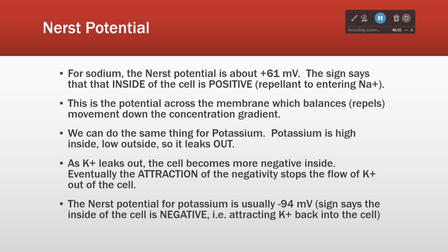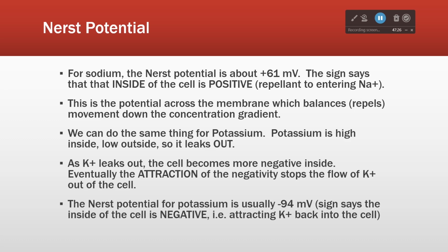So the sign, the plus, tells us that the inside of the cell is positive. The number tells us the extent to which it's positive, right? And we're calling that the Nernst potential. So when the inside of the cell is plus 61, sodium stops entering down its concentration gradient because it's being repelled by the positivity inside the cell. All right?